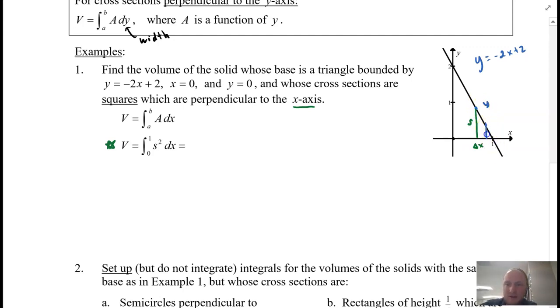The height here is whatever the y value is there, and here too. So I'm going to substitute out s. So this becomes the integral from 0 to 1 of whatever s is. s was whatever y is, and y is negative 2x plus 2, squared, dx.